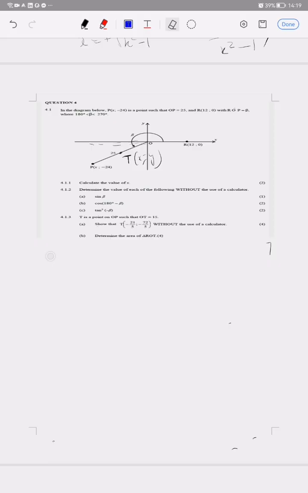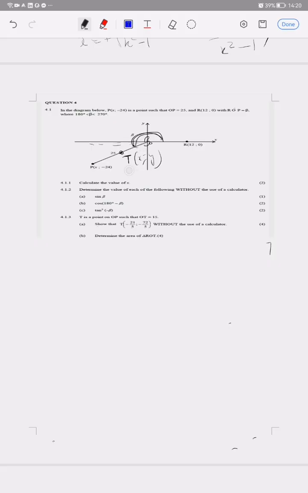Okay, so what can we do here? One thing I know here, we know these two points, this one and P, they're sharing an angle, which is theta, which is beta.